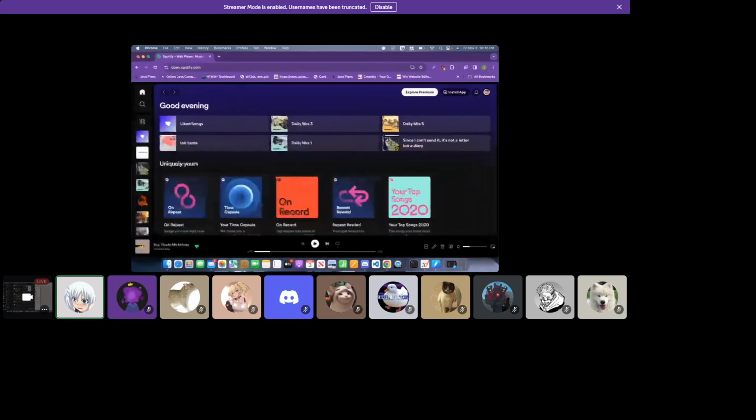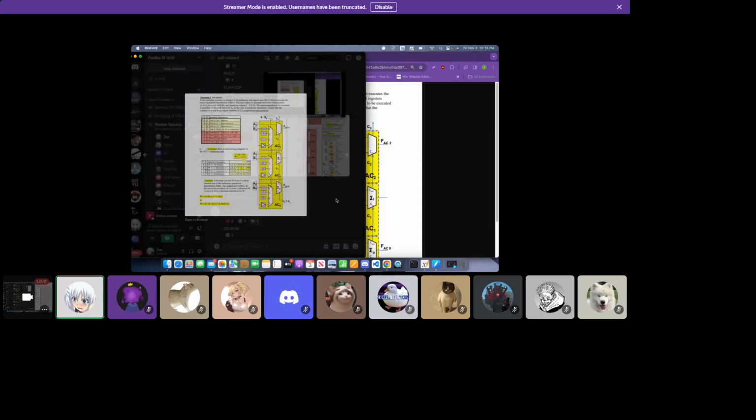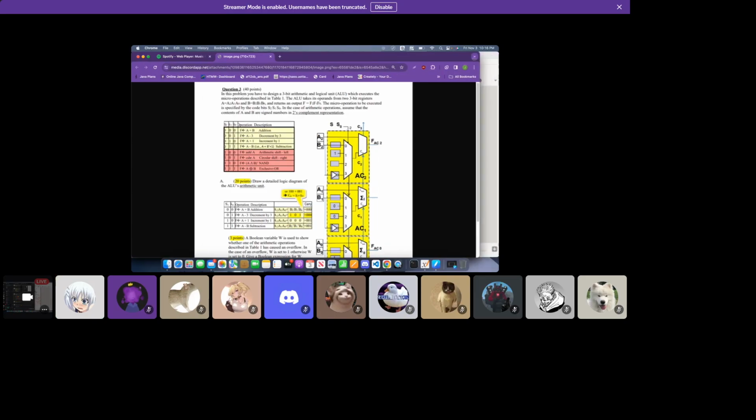I'm just gonna open this link to see this question. God, this is the blurriest question, but I can do it. 3-bit register. You guys can see my whole screen, right? Perfect. Addition. Alrighty.